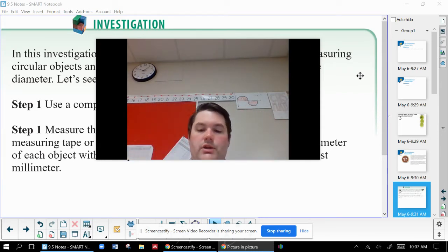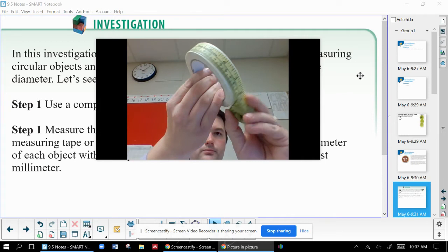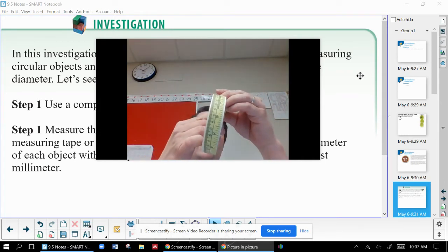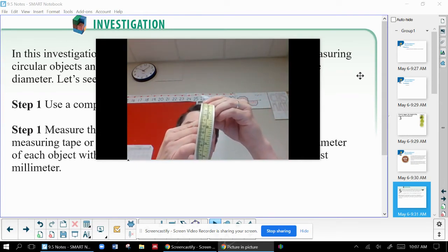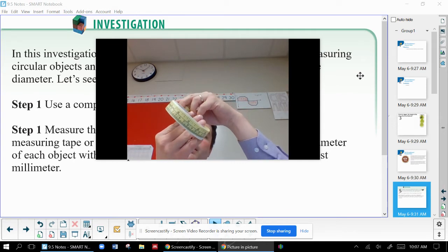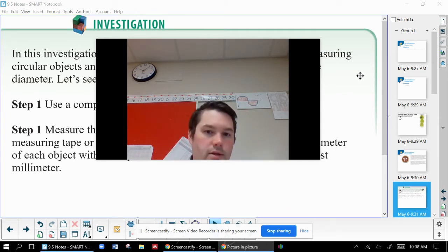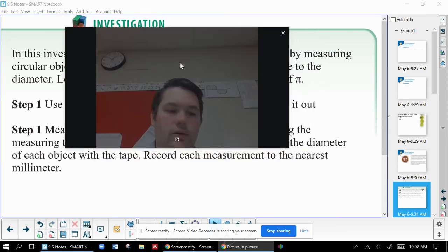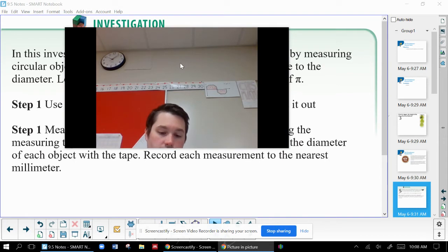So if you were to measure around this, just taking my tape measure, I am getting a little over 33 centimeters, 33.1 centimeters. I would write that down, and then I'm going to measure across the circle.